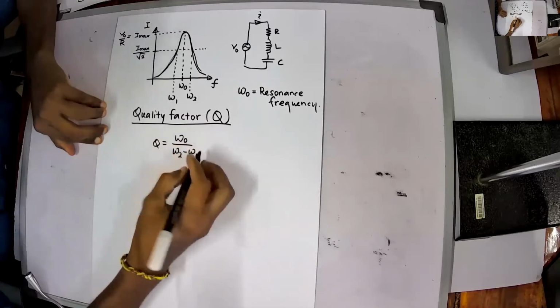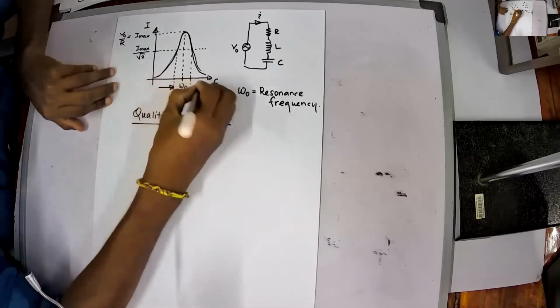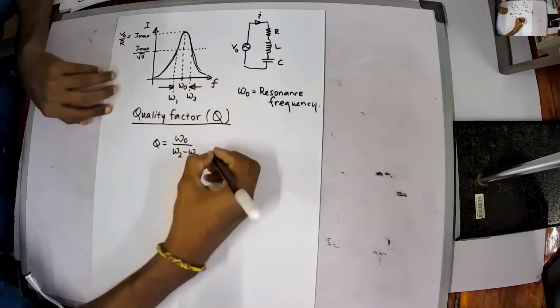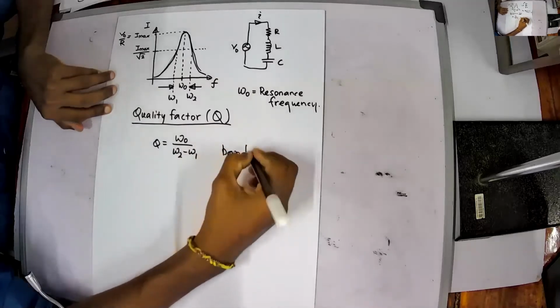And this omega 2 minus omega 1, or the frequency in between, is called the bandwidth.